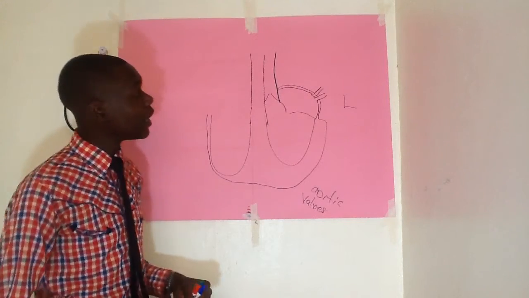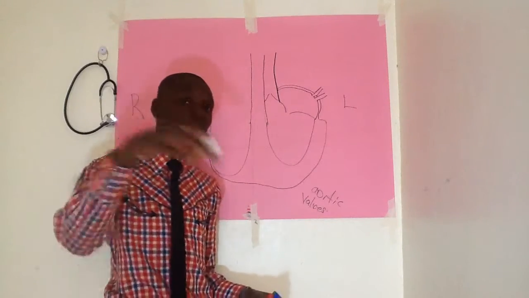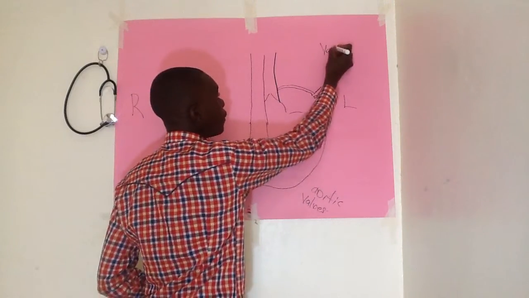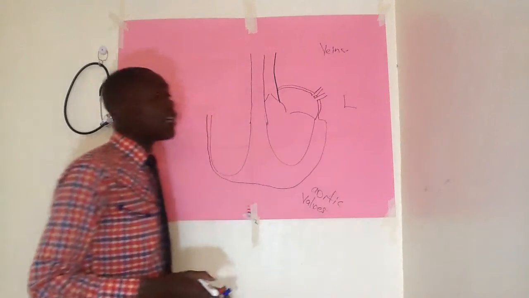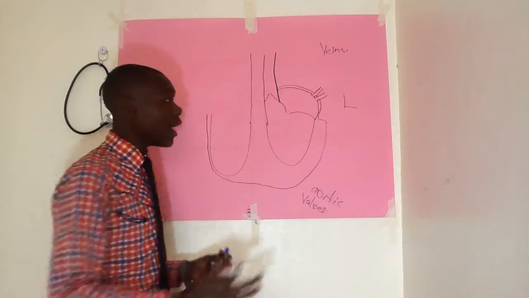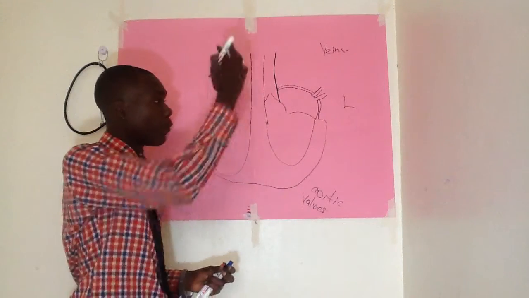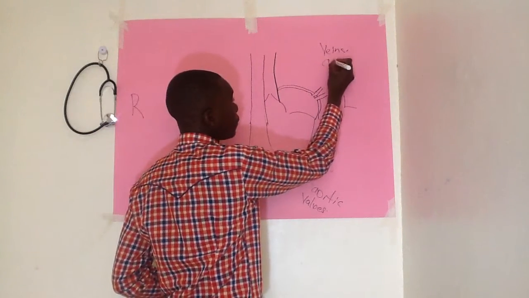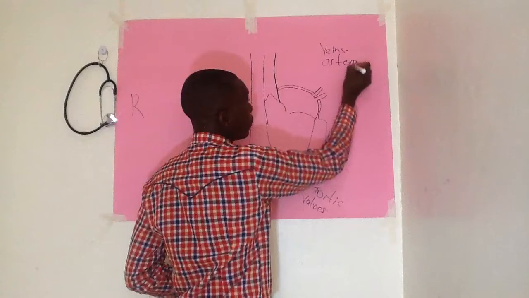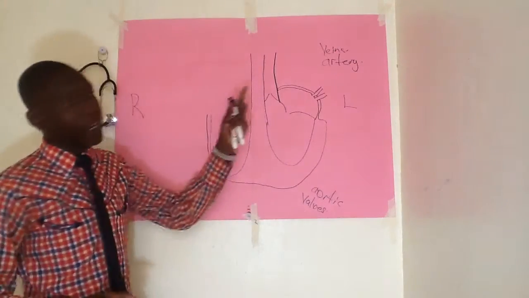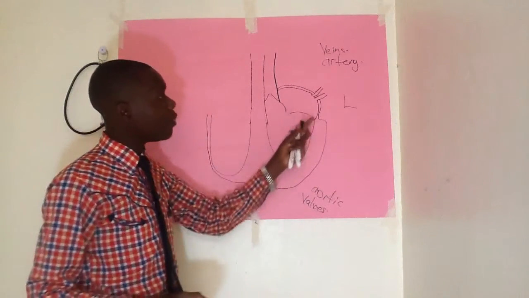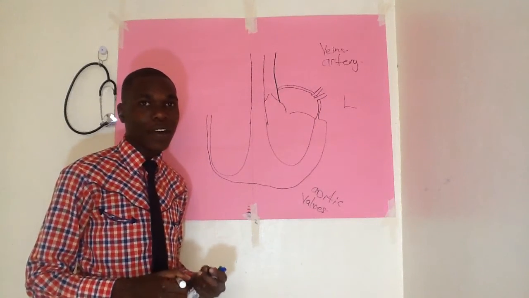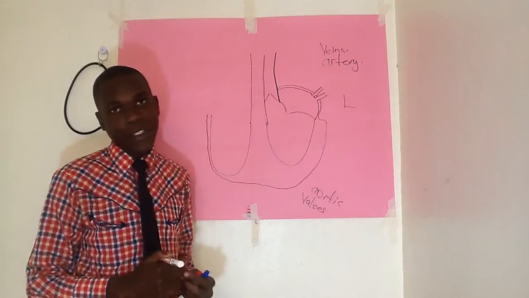You can simply note that all blood vessels carrying blood towards the heart are called veins, whereas all blood vessels carrying blood away from the heart are called arteries. So a vein is a blood vessel carrying blood towards the heart, whereas an artery is a blood vessel carrying blood away from the heart.